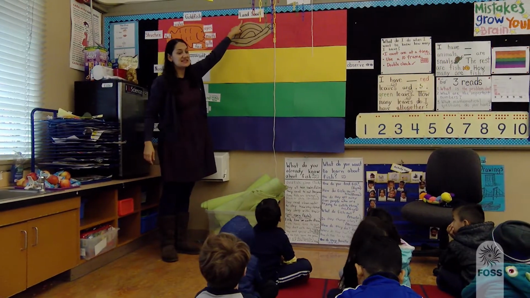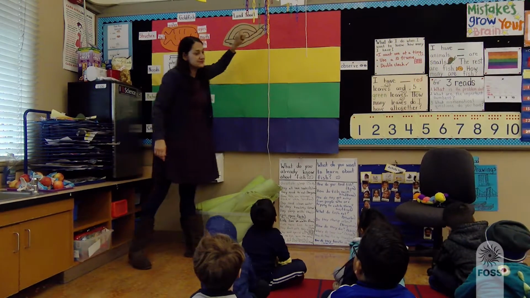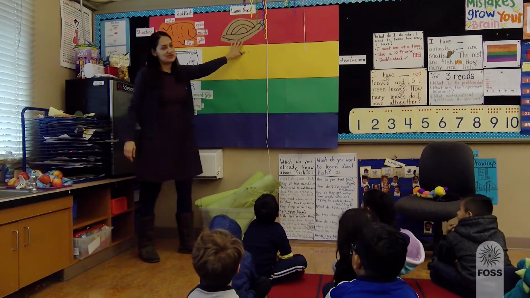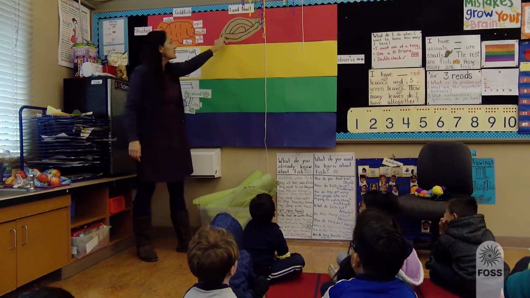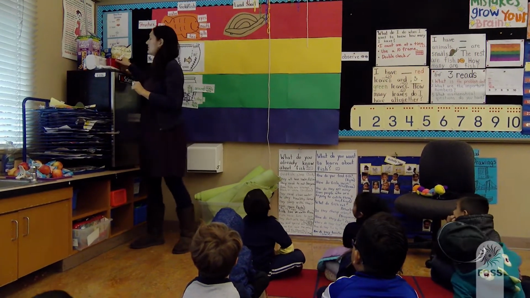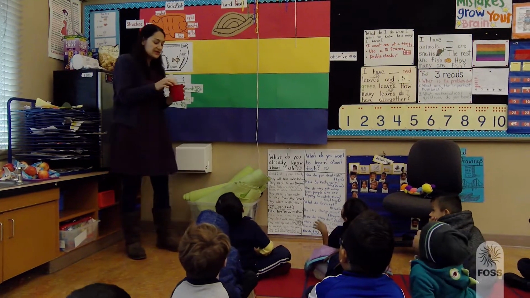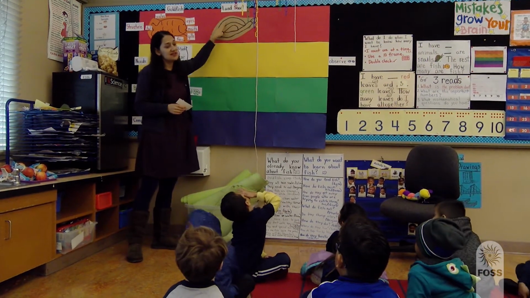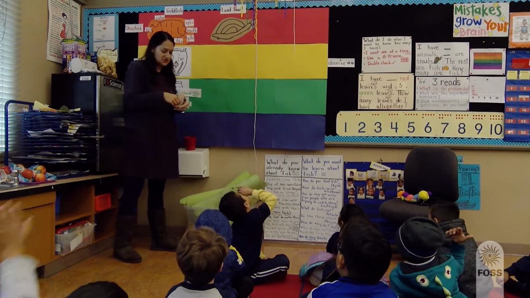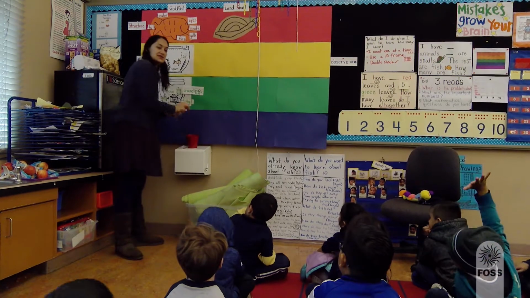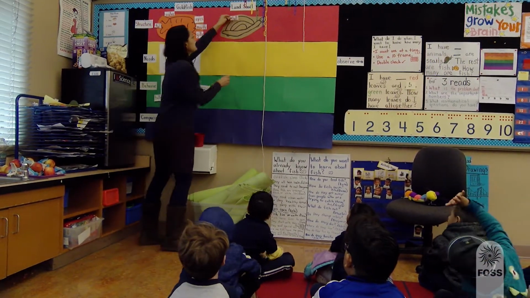So up here it says land snail. And I drew my best picture of a land snail. And we're going to find the different parts and put the words up there so we know how to write those words. So we were just talking about this part. Can you say what it's called? Shell. And the shell is to keep the snail safe and protected.